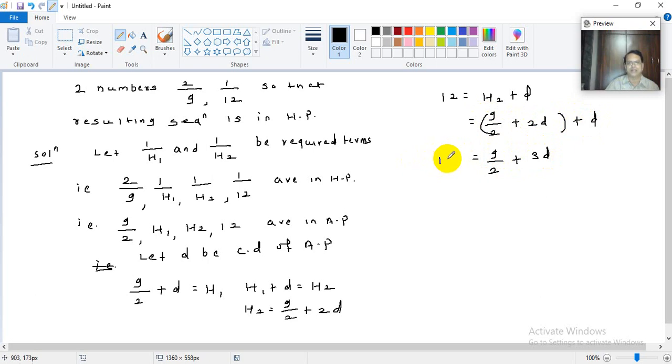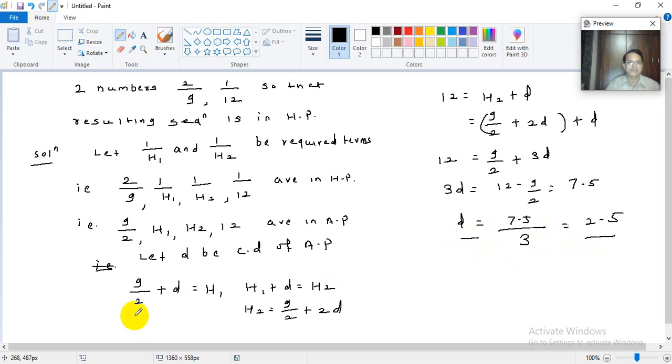So 3d will be 12 minus 9 by 2, that is, 24 minus 9 over 2, which is 15 by 2, that is 7.5. So 3d is equal to 7.5, and d is 7.5 upon 3, which is 2.5.